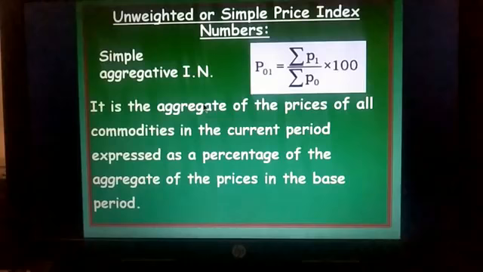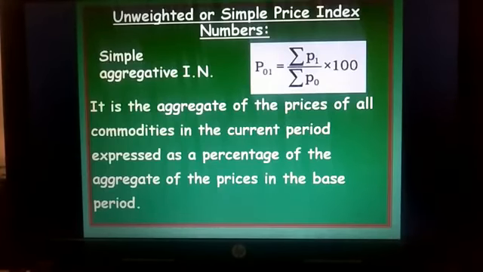Aggregate, look at the cursor properly, aggregate of all prices of commodities in the current period. This is the price of commodities in the current year of all items.